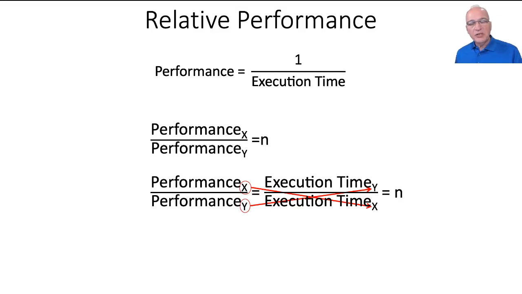We start with the higher performance on top and the lower performance on the bottom, and that's equivalent to having the higher time on top and the lower time on the bottom. And we always say that X is N times faster than Y, and we're going to order them in such a way that this N is greater than 1.